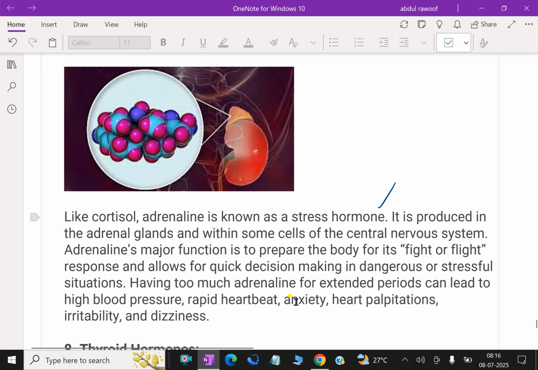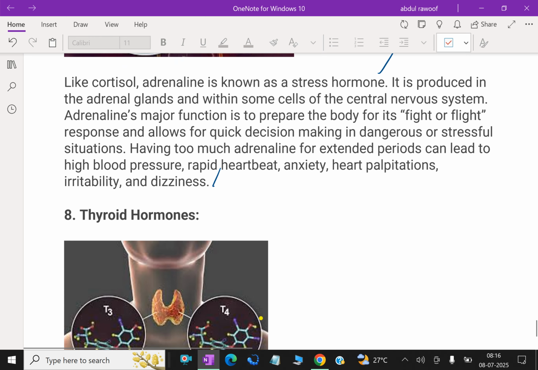Having too much adrenaline for an extended period can lead to high blood pressure, rapid heartbeat, anxiety, heart palpitations, irritability, and dizziness.